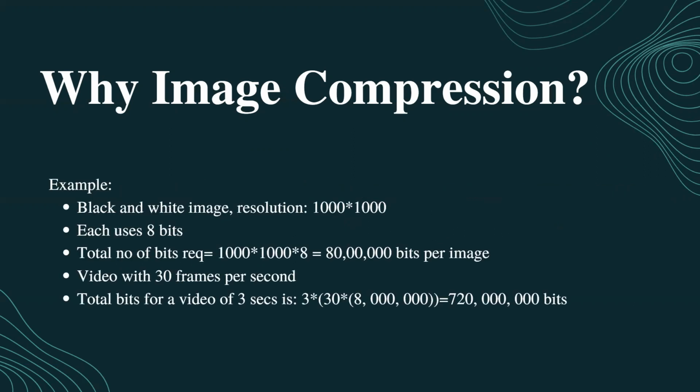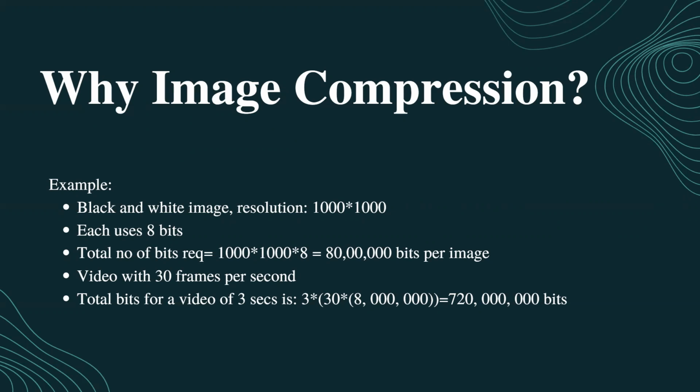Next, we will be looking at an example which proves why is image compression required nowadays. So consider a black and white image that has a resolution of 1000 cross 1000 pixels, and each uses 8 bits to represent the intensity. So the total number of bits required is 80 lakh per image.